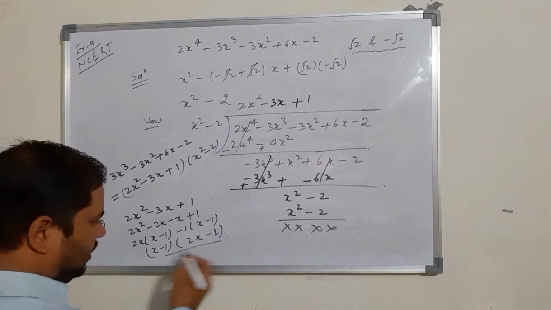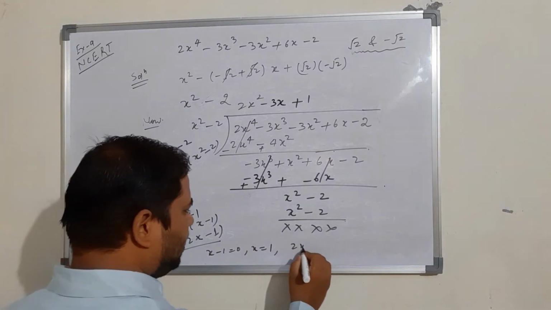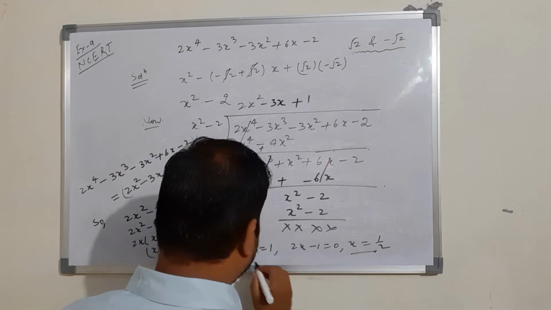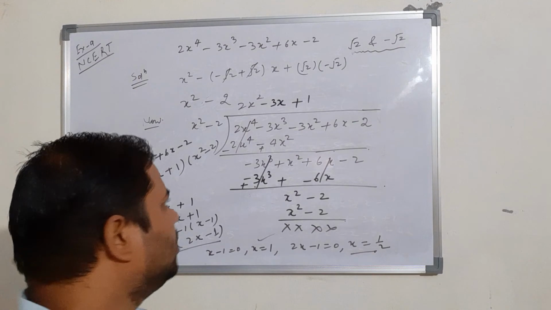So the other zeros: x minus 1 equals 0, so x equals 1, and 2x minus 1 equals 0, that is x equals 1 by 2. So the rest of the zeros are 1 and 1 by 2.